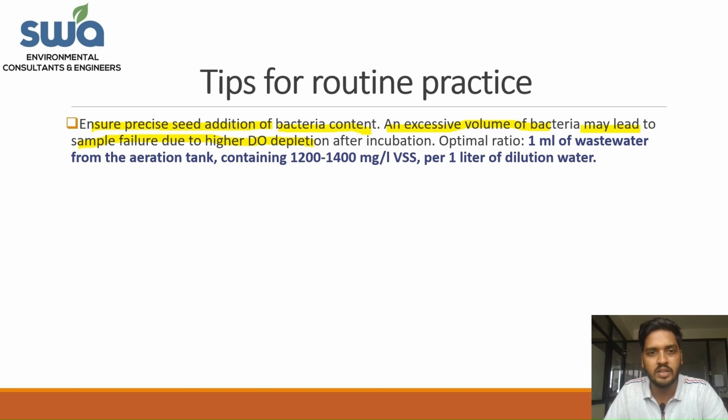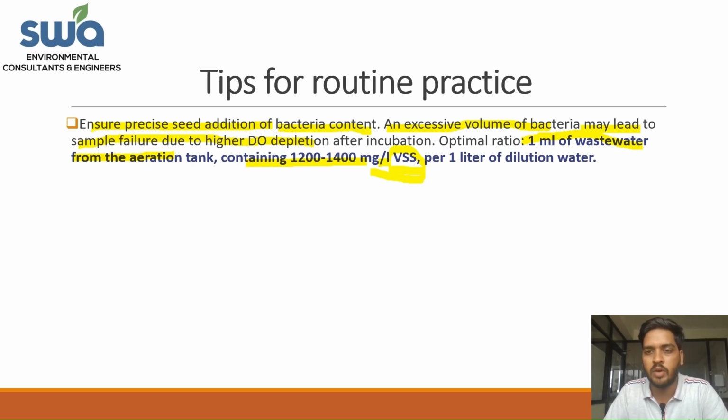To prevent that, add 1 ml of wastewater from an aeration tank which contains 1200 to 1400 milligram per liter of volatile suspended solids. Make sure you don't misunderstand this: it is volatile suspended solids.